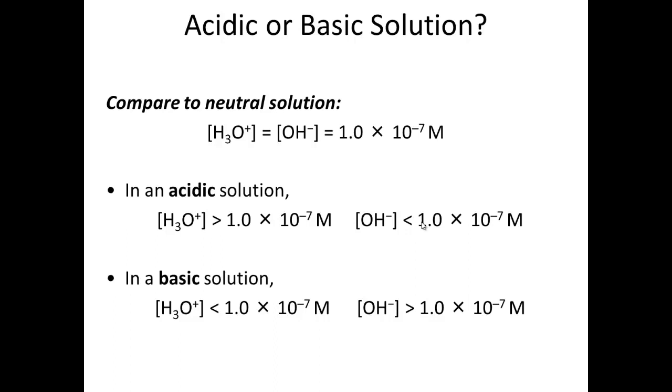In a basic solution, it's the opposite: the hydroxide should be larger than 1.0 times 10 to the negative 7, and the hydronium should be less.